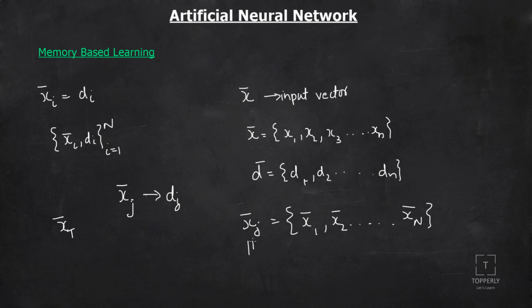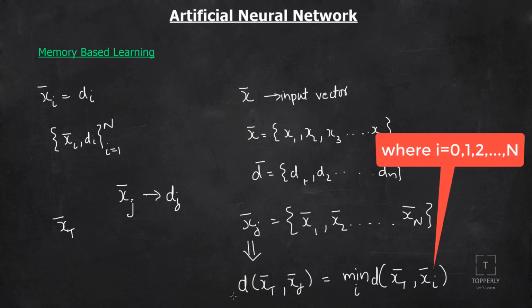Now, for xj bar to be the closest, the Euclidean distance between xt bar and xj bar should be the minimum of the Euclidean distances between xt bar and xi bar. Now this is the most important criterion of memory based learning. So keep this in mind.